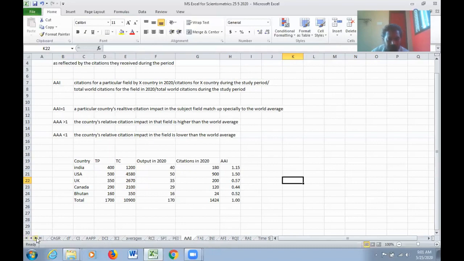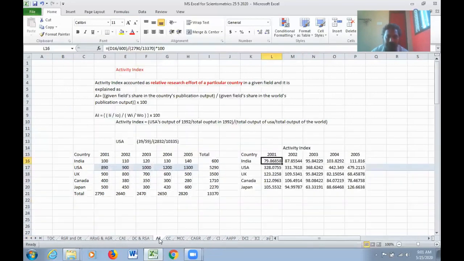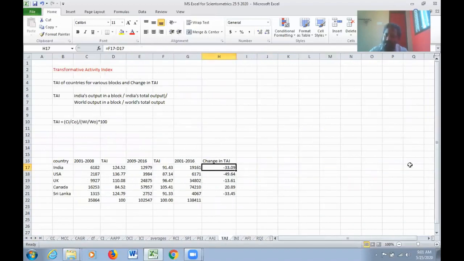I think I told you about activity index a couple of minutes before. Remember how we calculated activity index, right? If you take this one, TAI, that is the transformative activity index, same formula.